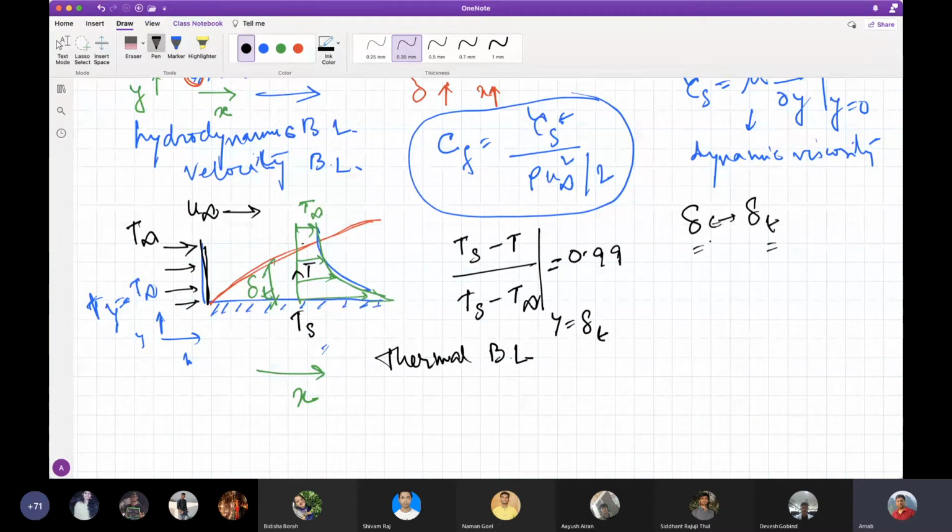Now, say at any distance x from the leading edge, the local surface heat flux, how can we estimate it?